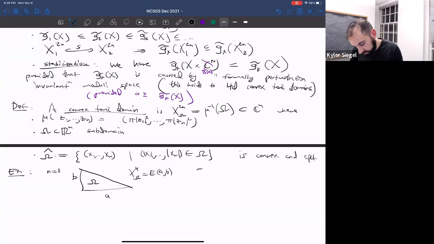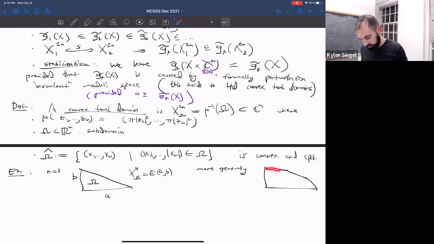More generally, in dimension 2, where I can actually draw it, it could look something like that. We don't necessarily require this boundary segment to be smooth, but it's the preimage of some domain omega which is convex, and it's not allowed to bulge out either.